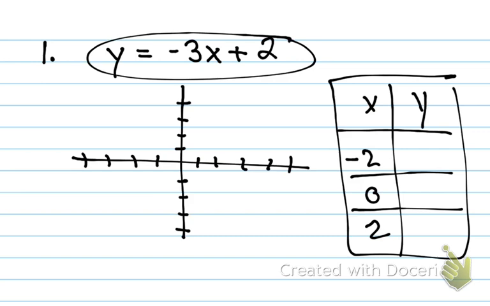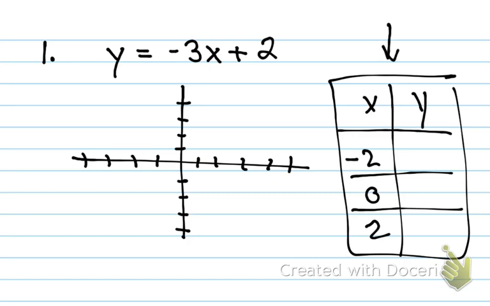Don't answer that yet, but whatever method you choose, whether it's using slope and y-intercept, which we'll talk about in a minute, or using a table, you just have to be able to graph this linear equation. Whatever method you choose is fine as long as you graph it correctly.